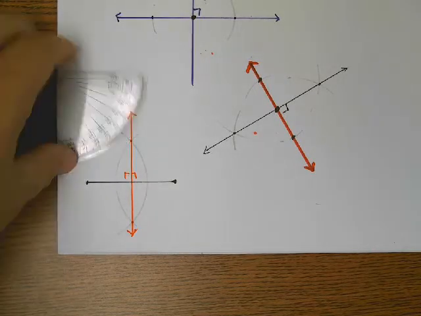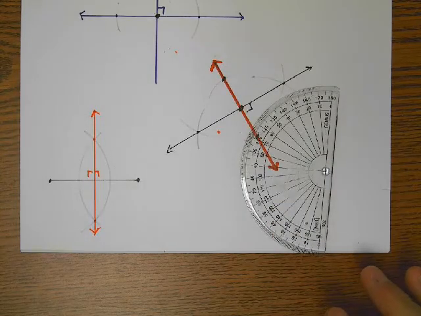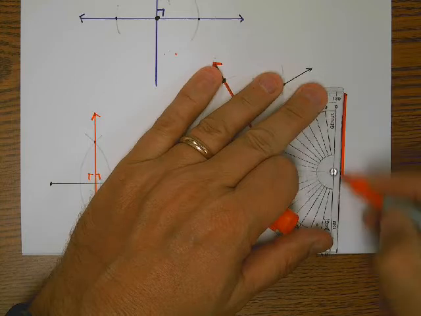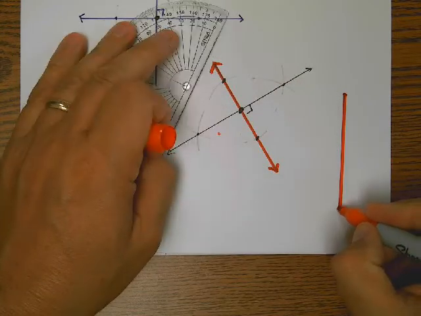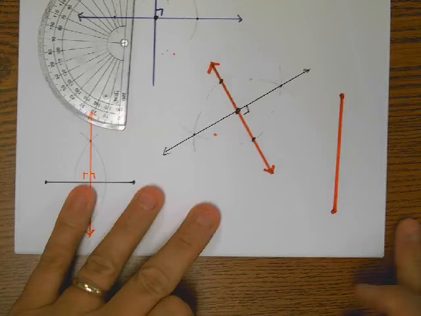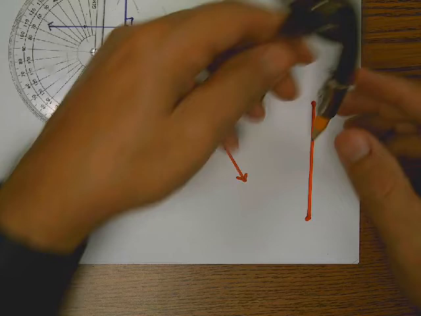Well, let's go the segment as a vertical line. I think I can fit it in over here. A vertical line. I'm going to go on both sides of it. I don't have a lot of room, it doesn't look like over here.